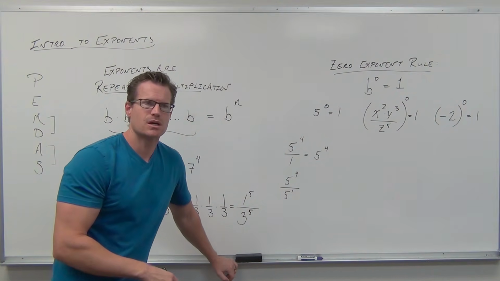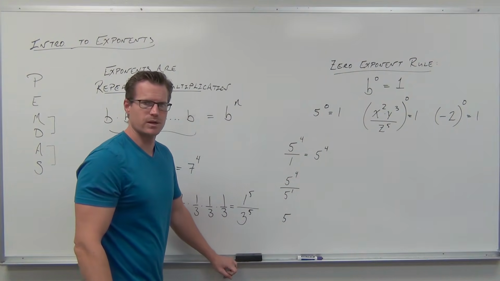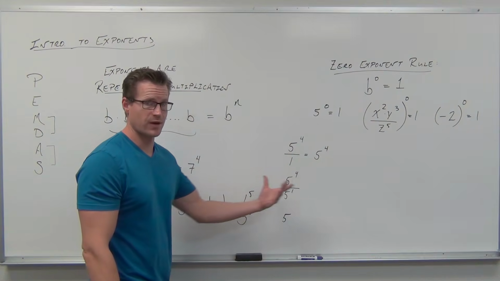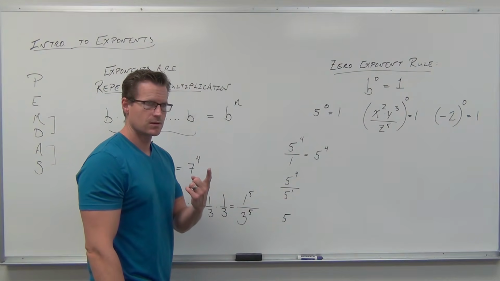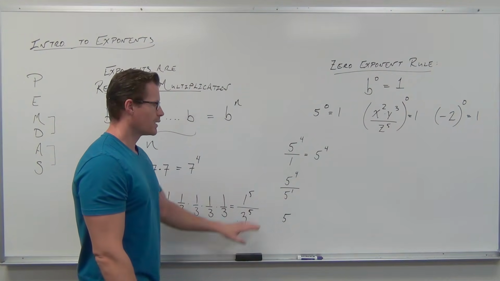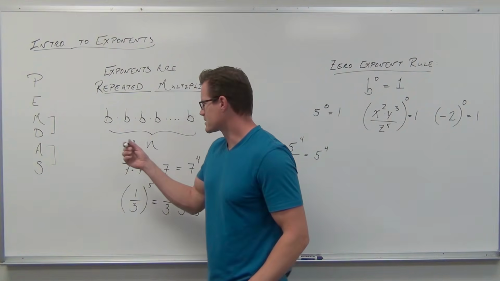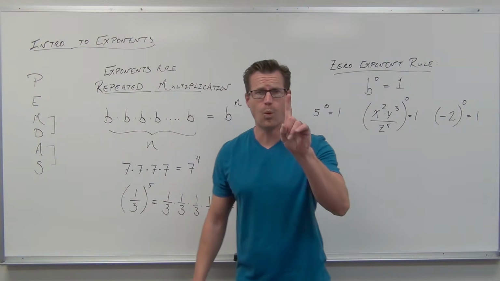The interpretation is you have 5. How many 5s do you have being multiplied? 1. 5 squared would be 5 times 5. 5 to the 0 would be, how many 5s do I have? No 5s. I have 1. How? I'm getting to it. But that would be 5 to the 1st power. So any base that doesn't have an exponent listed has an exponent of 1.